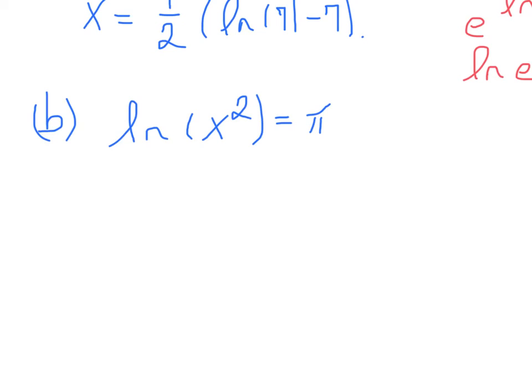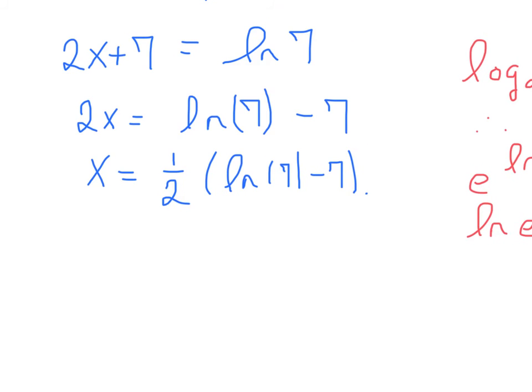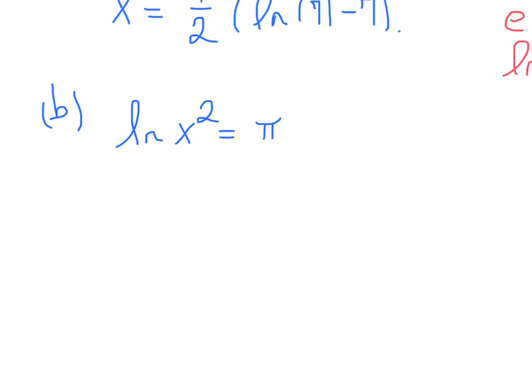Well, we are trying to find what is x. Maybe that's a bit of an ugly pi, so let me clean that up a little bit. Okay, so pi now is all cleaned up.